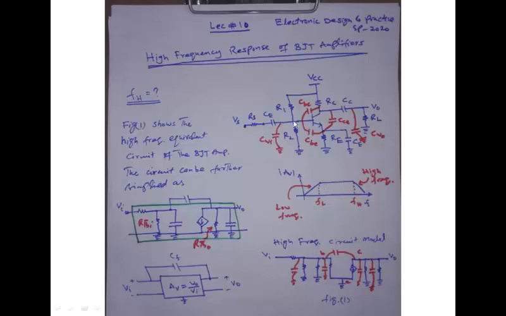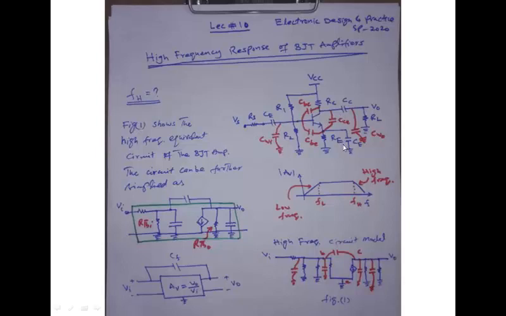When we consider the high frequency response, then the response due to these capacitances would be calculated, and the other capacitances would be considered short circuited, because at high frequencies the reactance of the capacitances indicated in blue becomes very low and approaches zero.